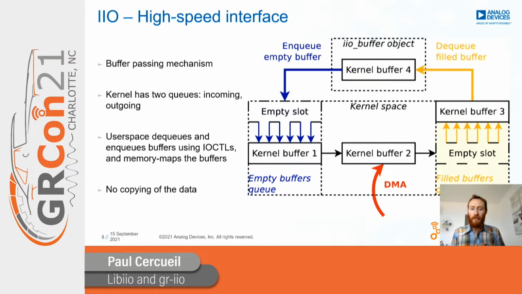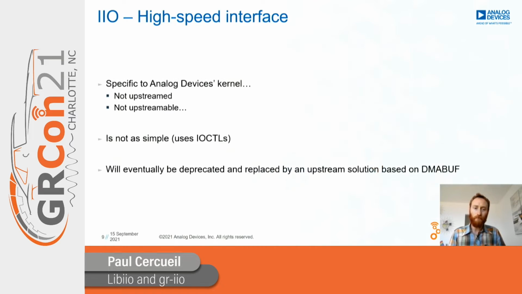The application on the user space side is going to dequeue the buffer of samples, read and process the data, and then once it's done, enqueue it back to the incoming queue of the kernel. In this scheme, there is absolutely no copying of the data.